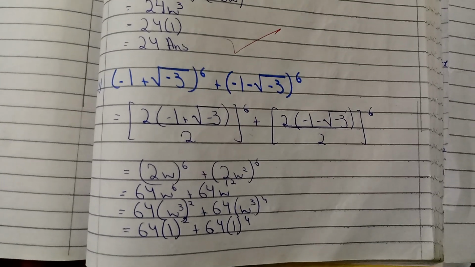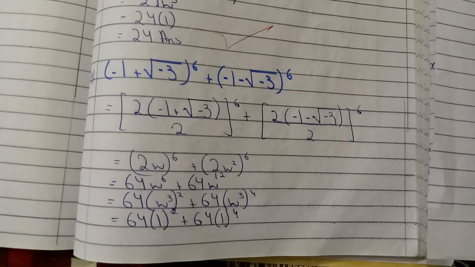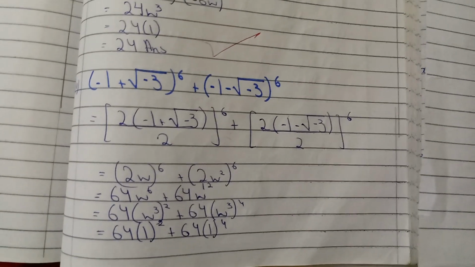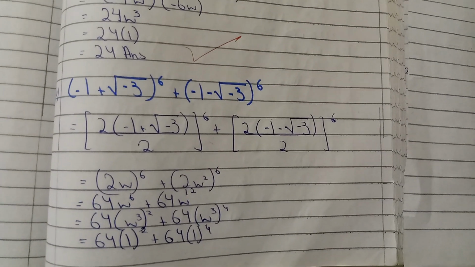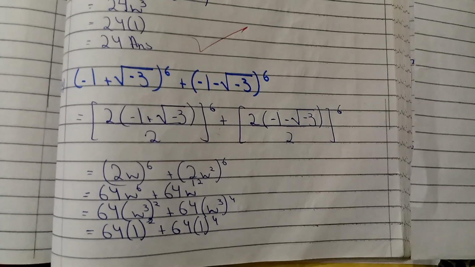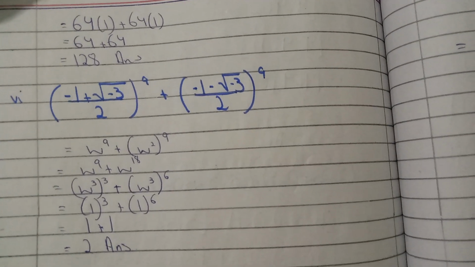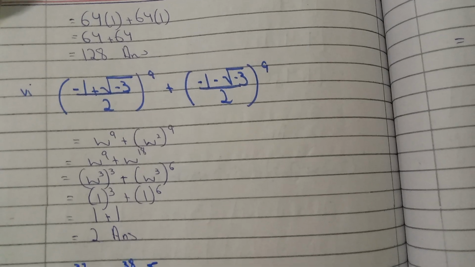Similarly in the second bracket we have got 64 omega to the 12. We can make the factors of omega 6, it will become omega cube squared and omega cube to the power. Omega cube is 1. By putting the value of omega cube, we have got 64 plus 64, that will become 128.